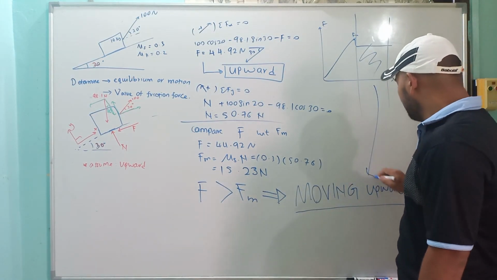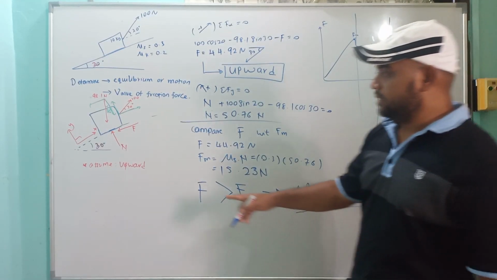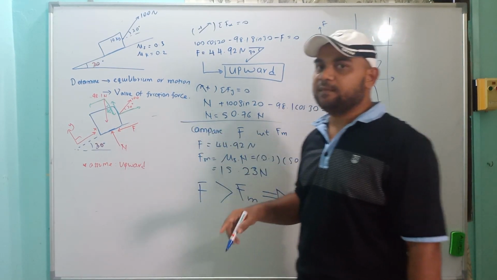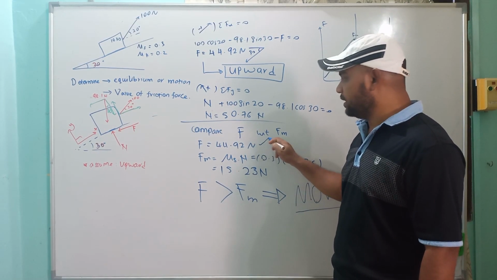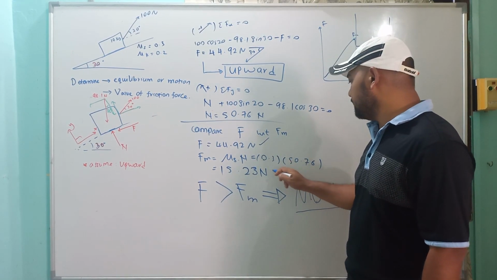So moving upward. The question also asks you for the value of friction. If it is not moving, the friction is the same as the one we calculated. This is the maximum value.